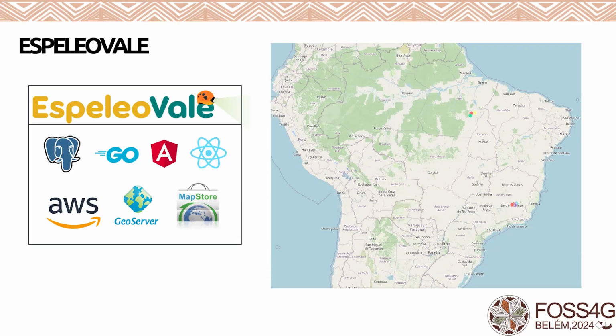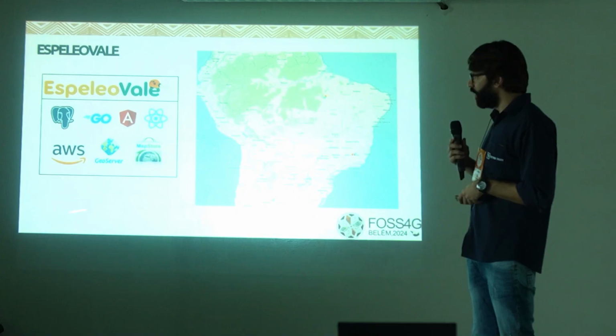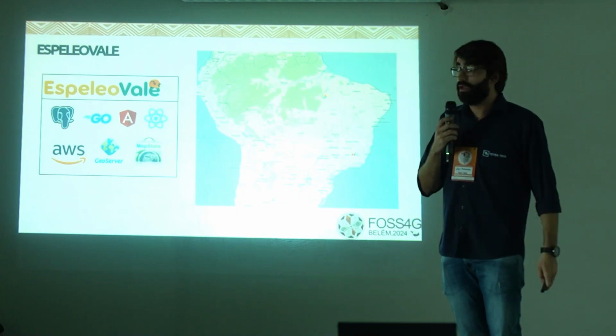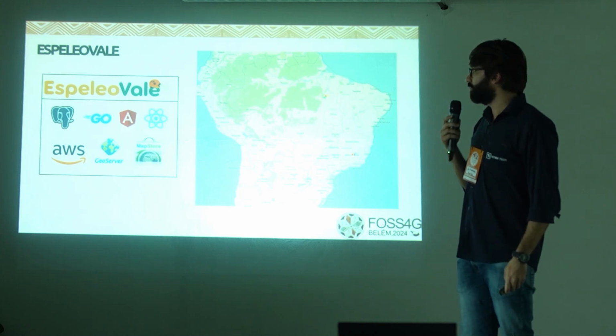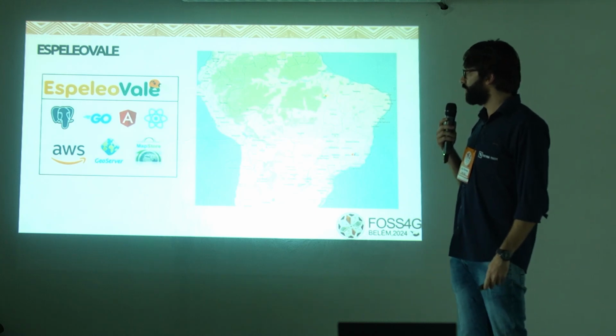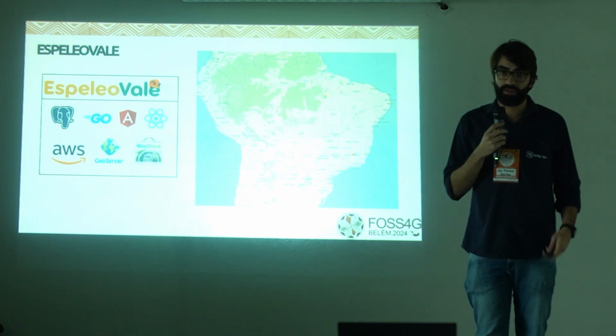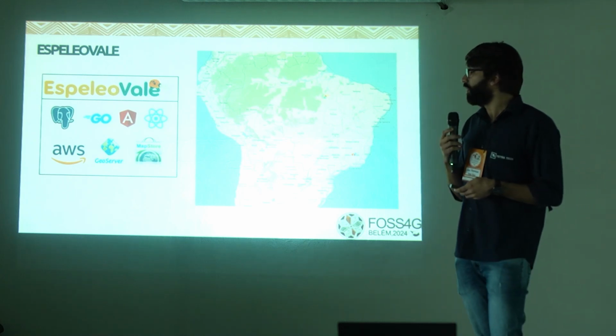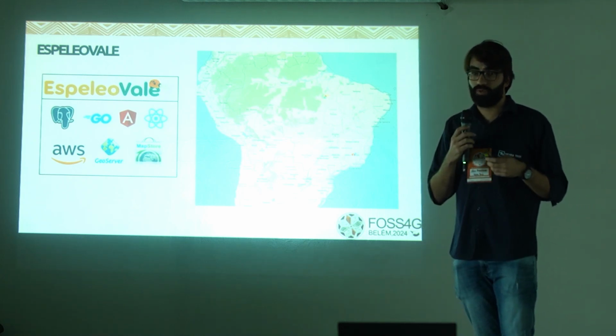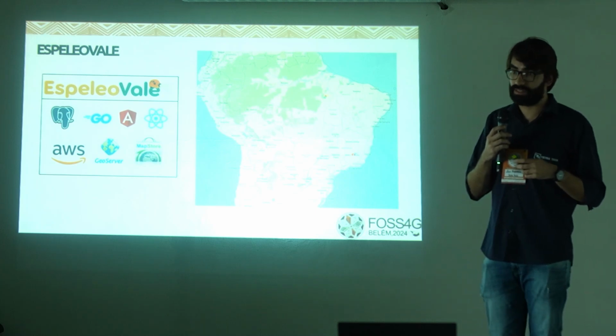All right, so the software architecture that I mentioned is called SpeleoVale, and it is a software as a service hosted on Amazon. It uses mainly Golang, Angular, and React for the front-end development, APIs, that kind of thing. In the back end it uses Postgres and PostGIS as the database.